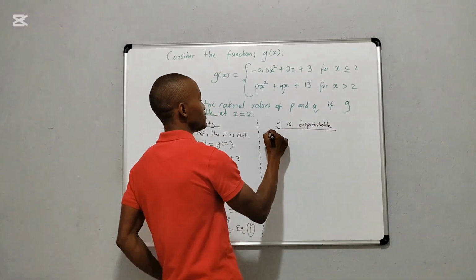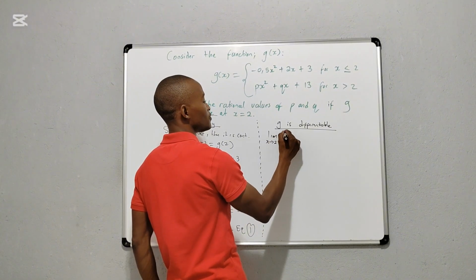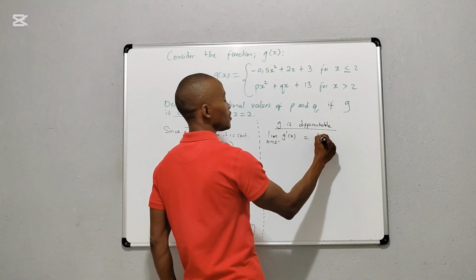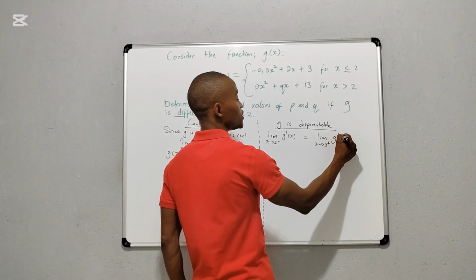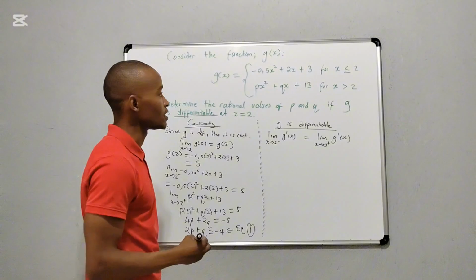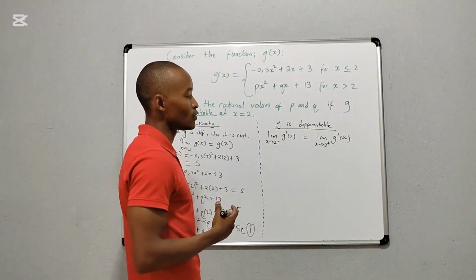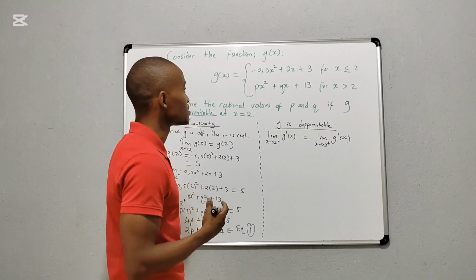We have limit as x approaching 2 from the left of g prime of x is equal to limit as x approaching 2 from the right of g prime of x. Right. So we are now generating our second equation, and at this point you can guess that we'll be dealing with simultaneous equations.